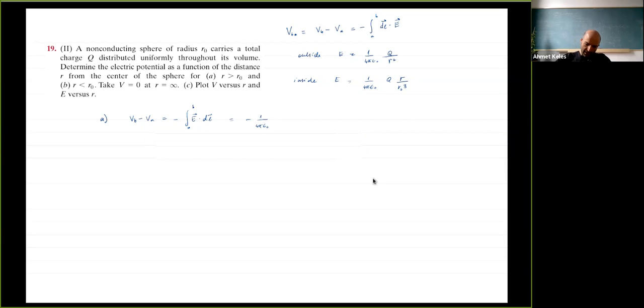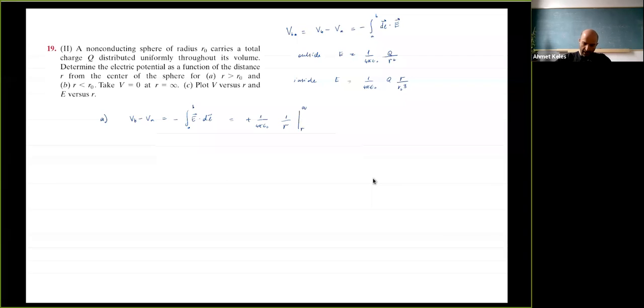So I have this guy, Q over R squared. If I take the integral of 1 over R squared, it is minus 1 over R, and that minus will cancel with that minus. So I can just write 1 over R plus, and this is going to be from, let's say, some R, and let's take B to infinity.